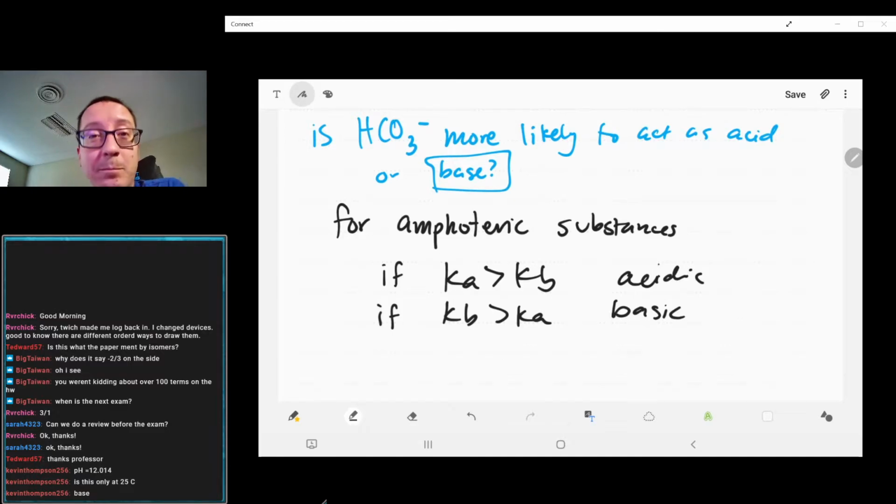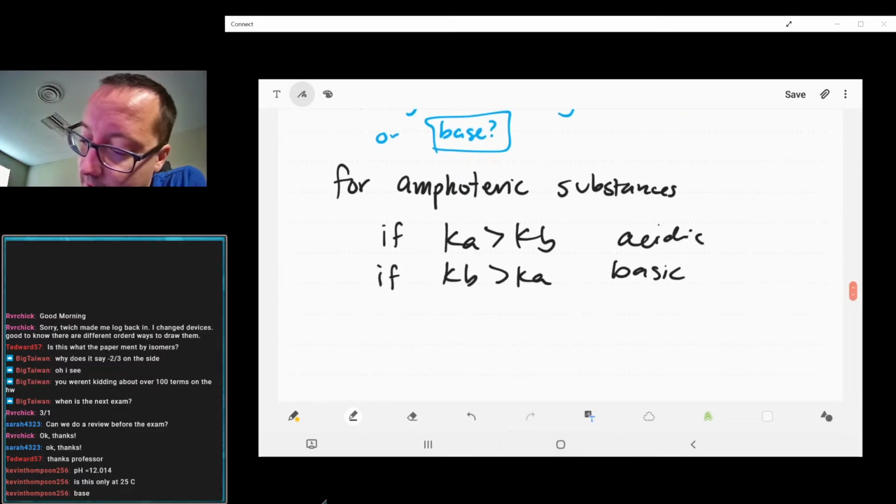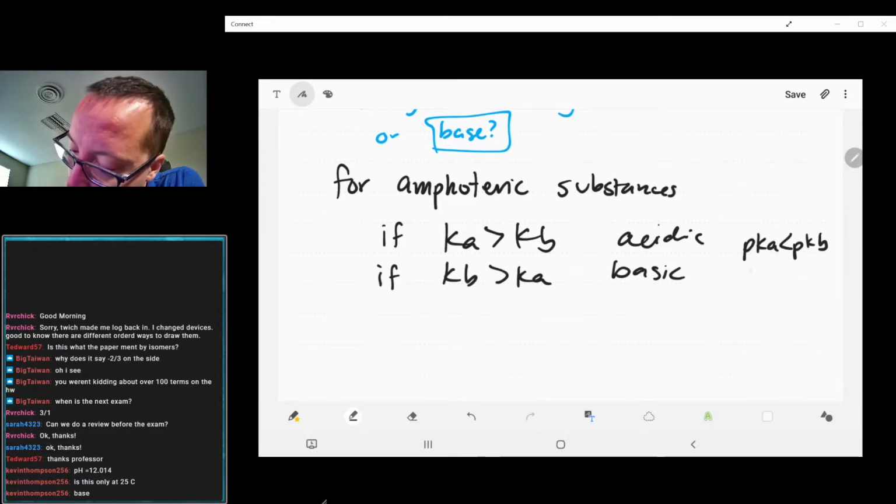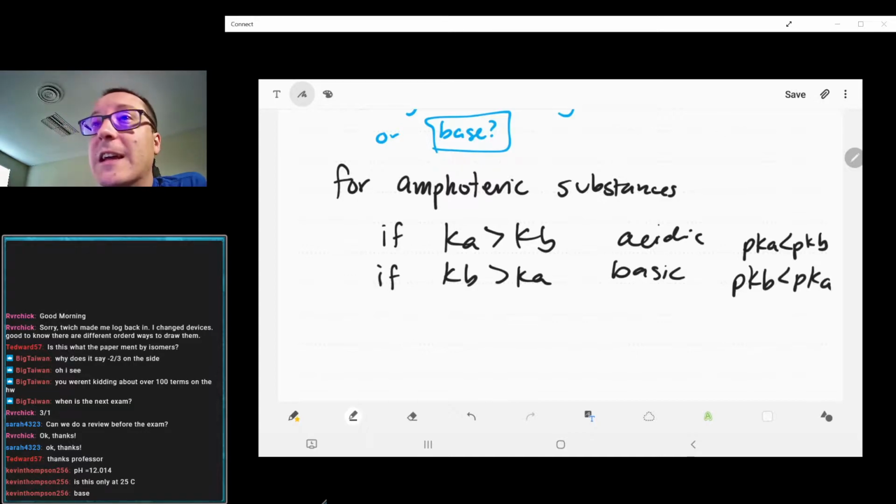Notice the logarithms of those are the opposite. So that would be the same as pKa is less than pKb, or pKb is less than pKa. Remember, that's inverted. So you can compare either the logarithm value or the actual equilibrium constant here, so we can predict what something is going to behave as.